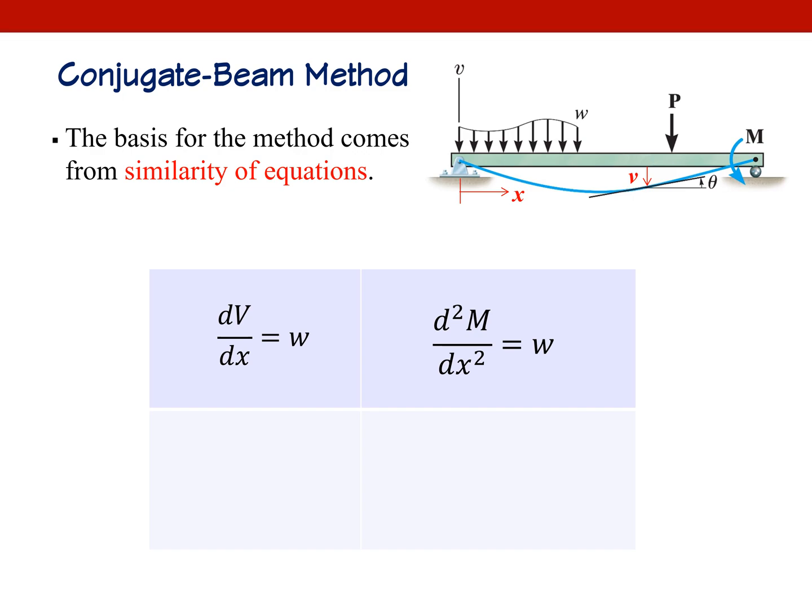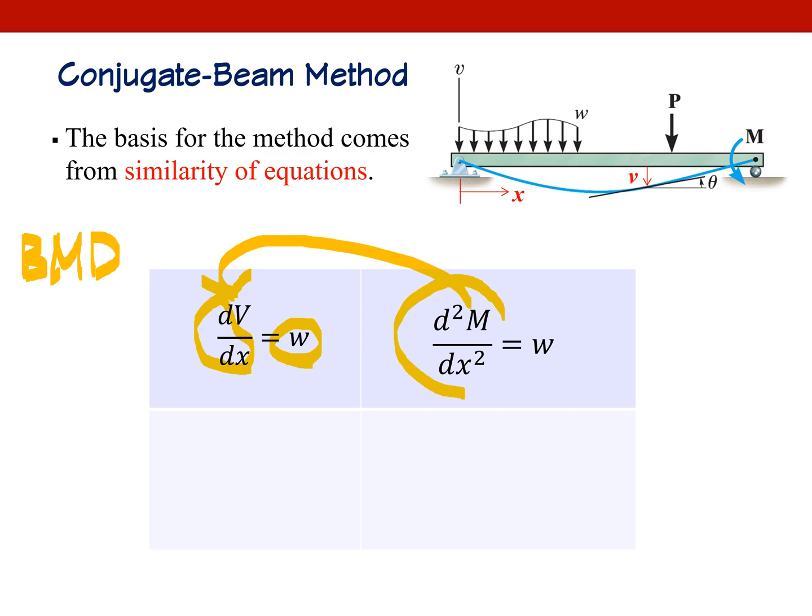When we do the bending moment diagram, we learned that if you differentiate shear force once, then you are going to get load. And if you differentiate the bending moment diagram, then you are going to get shear force.